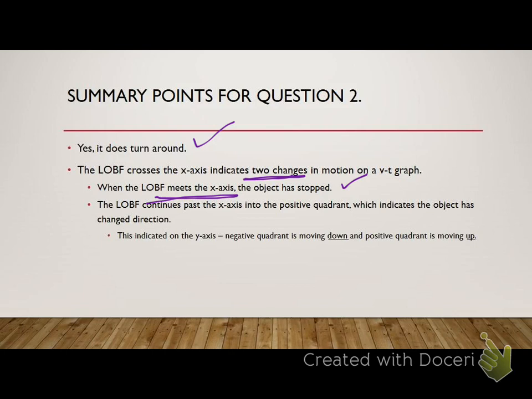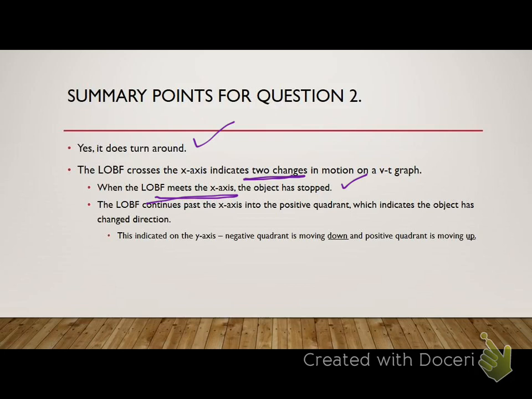Now, that object could keep going the same direction and stay in that same quadrant. So just coming to a stop at that x-axis doesn't mean that it necessarily has turned around.